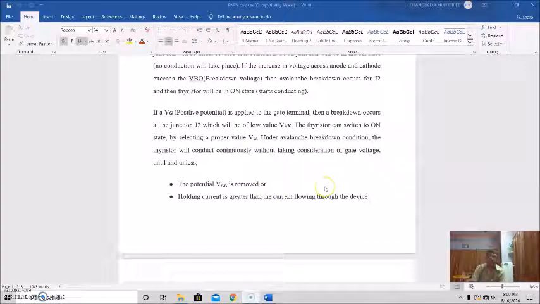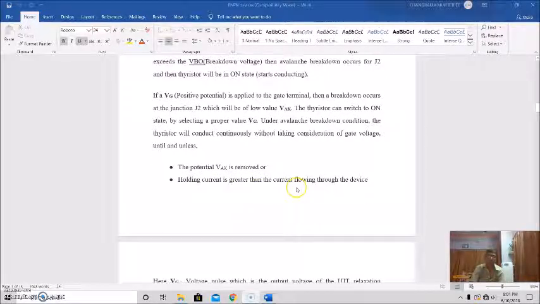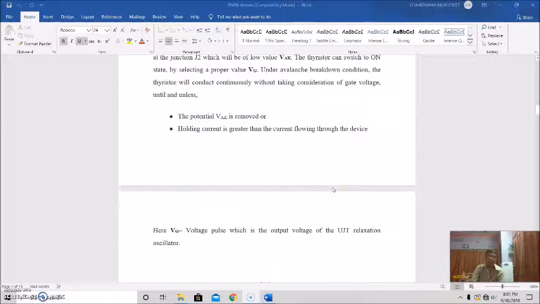Under the avalanche breakdown condition, the thyristor will conduct continuously without regard to the gate voltage until the potential between anode and cathode is removed or the holding current is greater than the current flowing through the device.